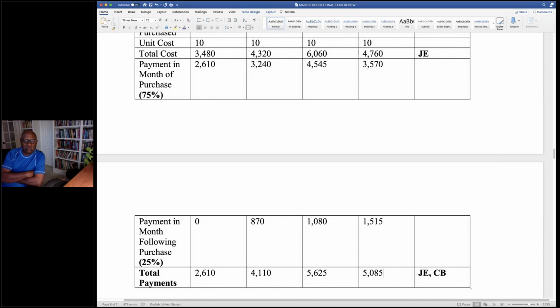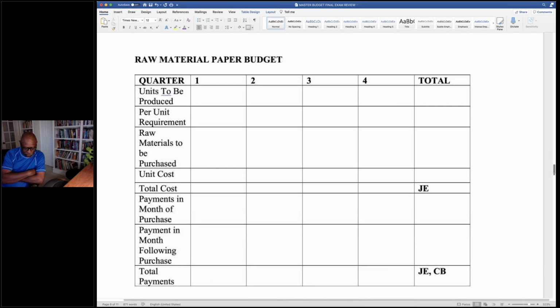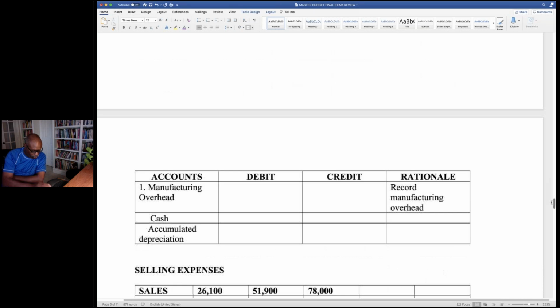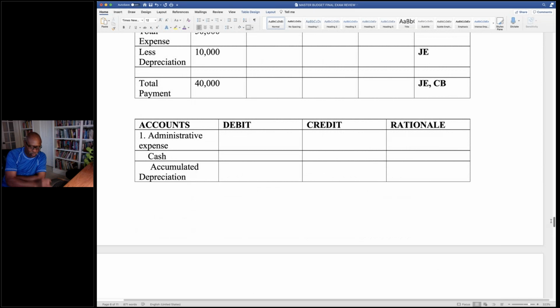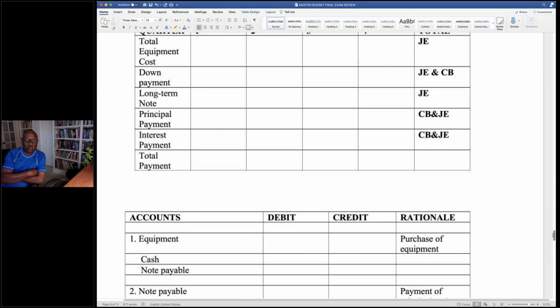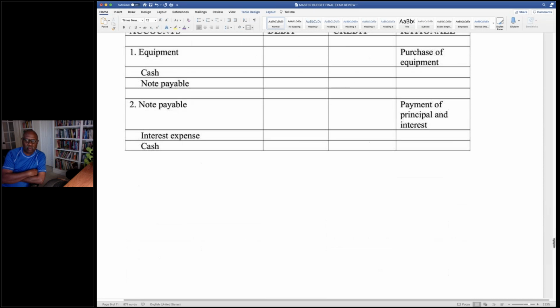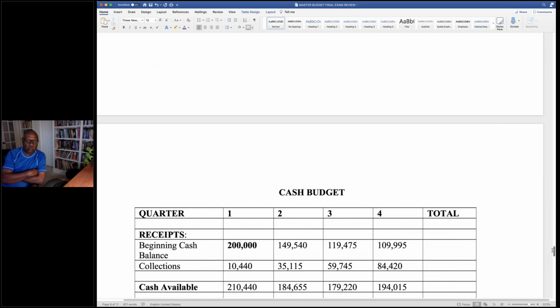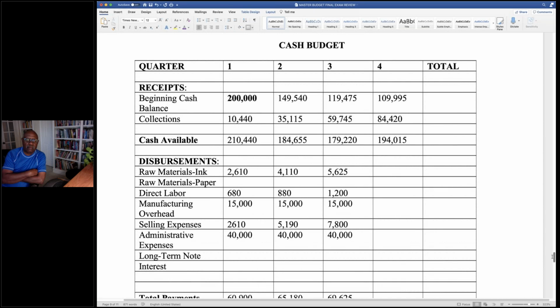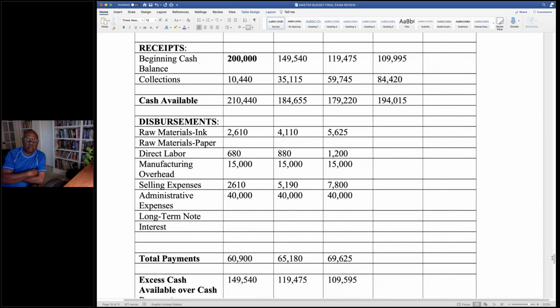Yes, I got that. Okay. We would take that number and bring it to our cash budget under the fourth quarter for Raw Materials. It will be 5,085.